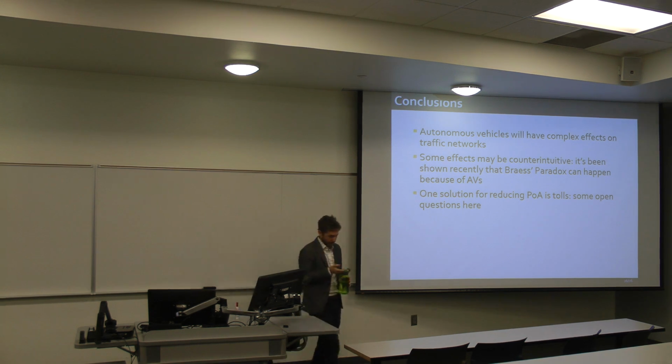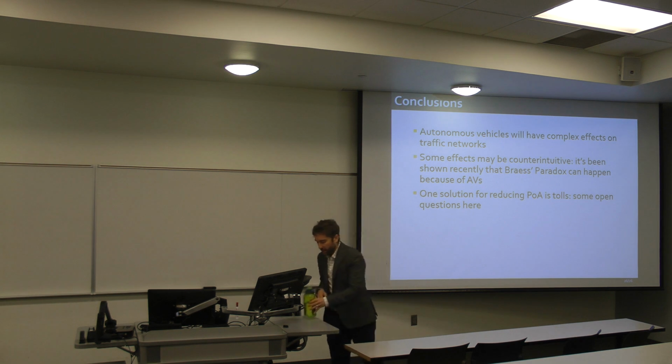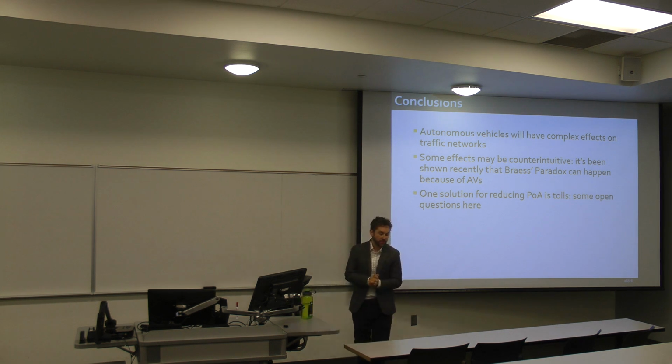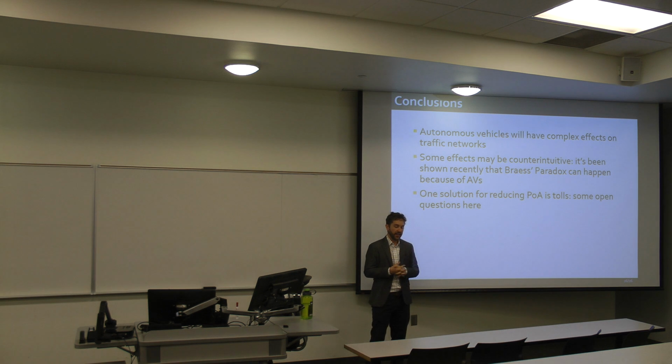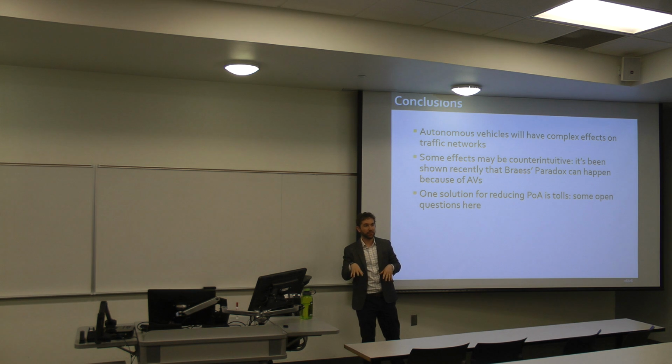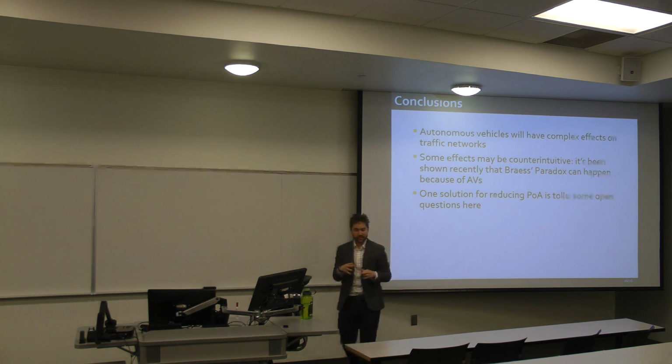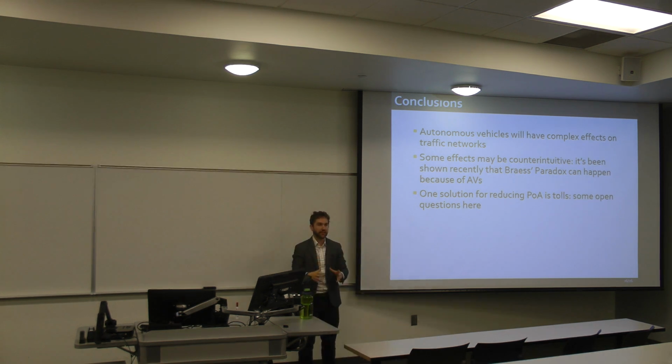Right, so that's a good question. What does the price of anarchy tell us? The price of anarchy tells us, okay, here's the delay that we're going to see when we set people free in the wild. They just do their own thing, right? But then we have this other delay that we know is achievable. It's a possibility that we could see in the network if only we were able to, with a magic wand, tell people that you should go here and you should go there and do this, right?